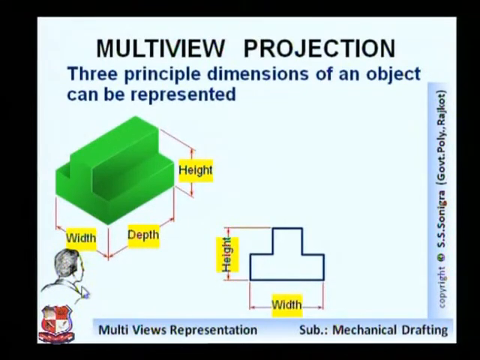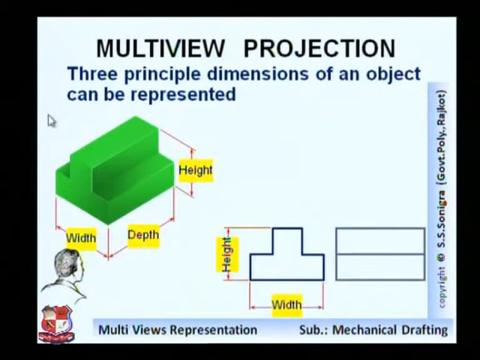In the front view, he would be able to visualize the width and height of the object, which is shown over here. Now if the same observer looks from the side, its depth would appear as width and the height would remain the same.